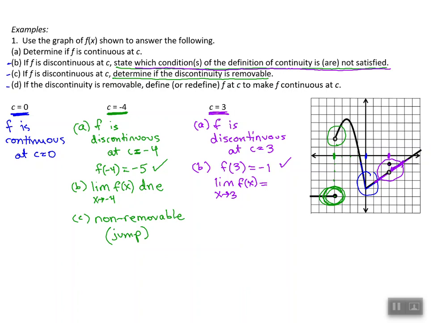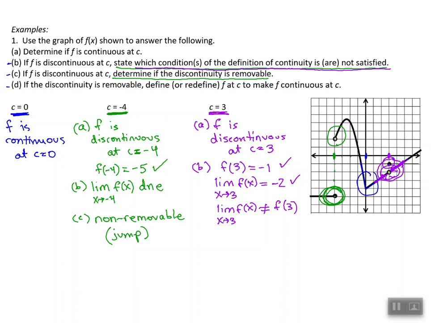Notice both sides head towards the y value -2. So that one is also satisfied. What is not satisfied is that the limit and the function value are not equal to each other. So the limit as x approaches 3 of f of x does not equal f of 3. That's the one that fails.